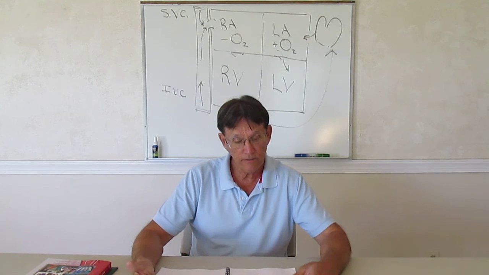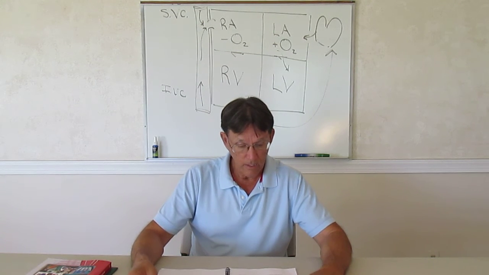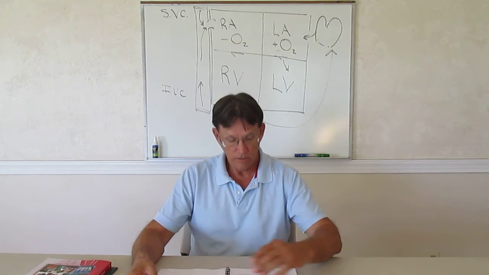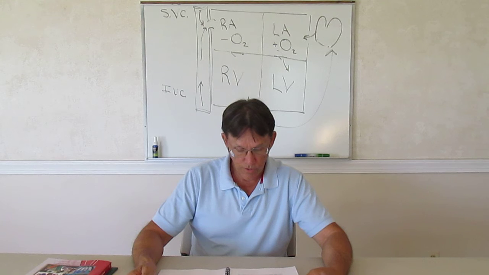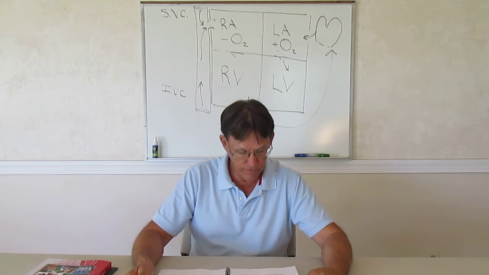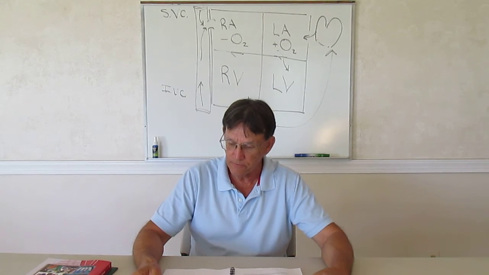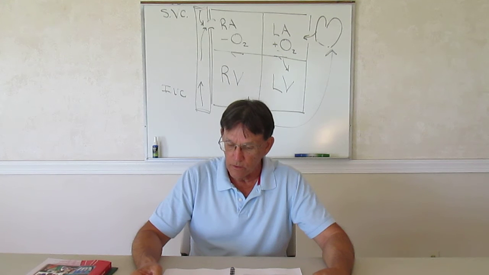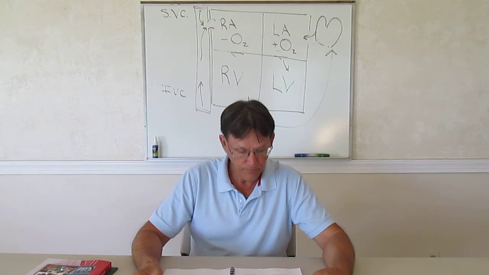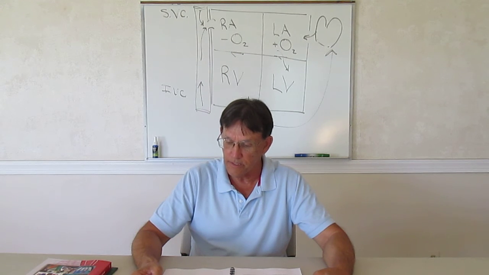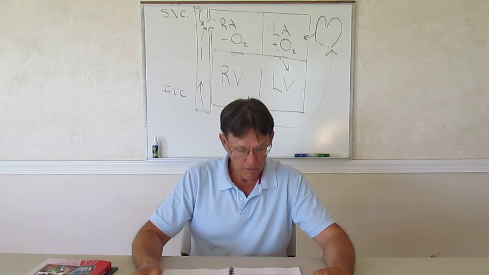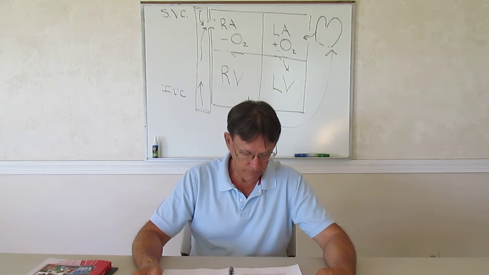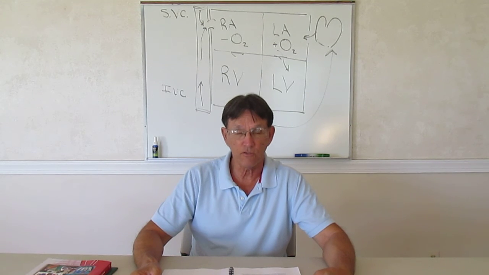So in the vein, and they're going to be the same thing, you have the tunica adventitia, the tunica intima, which is the inner layer, and the tunica intima is just a layer of epithelial cells. The middle layer, the tunica media, same as the artery, it's a muscle layer.